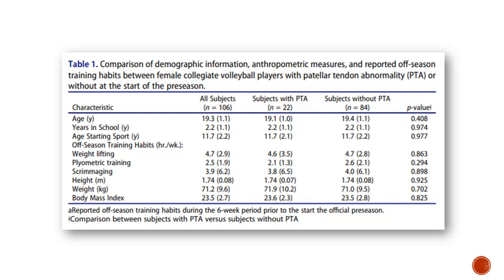So what you can see from a table like this is there were 22 out of the 106 individuals that presented with patellar tendon abnormality at the start of the season. Now, I can tell you that patellar tendon abnormality did not increase the risk of somebody developing symptomatic patellar tendinopathy. I don't have those pictures in here, but that's a way that you can get both prevalence and incidence, ways of thinking about doing both within the same study.